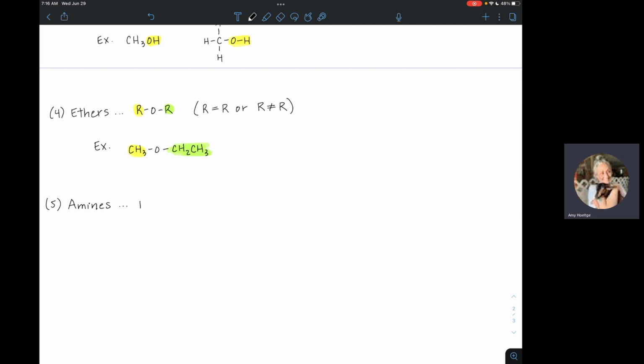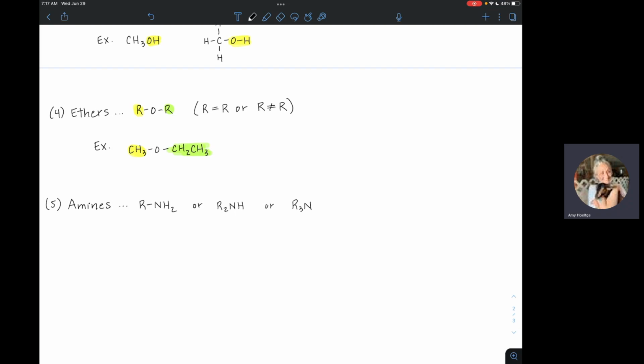We can have R for rest of molecule, and then we can have what we call the amino group, NH2, or I can replace one of the hydrogens with another R group, or I can replace all of them with R groups.